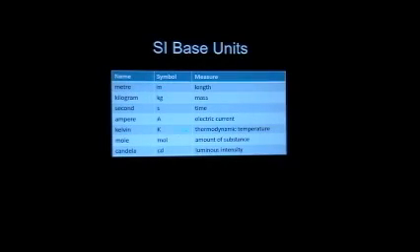Everyone's pretty familiar with that. Kilograms, a measure of mass, seconds, time. Electric current, which you might not run into as much, but is described in amperes. Temperature, this is Kelvin, as opposed to Celsius. And moles, which you probably remember being confused by in high school chemistry. That's an amount of a substance, one of the base ones that we use. And also candelas, which are luminous intensity.